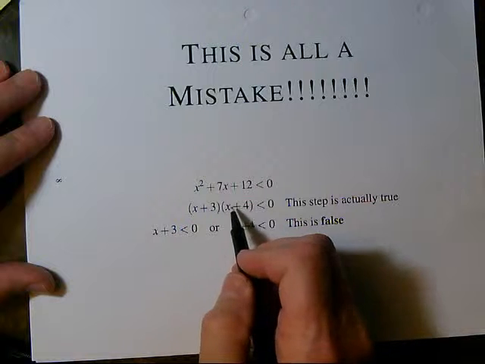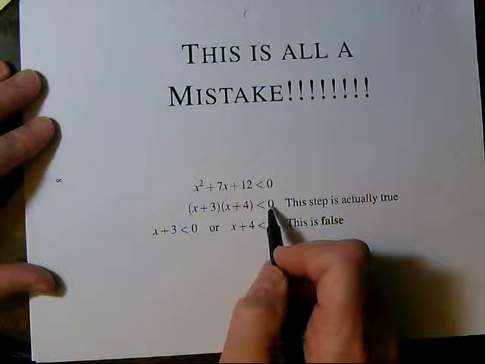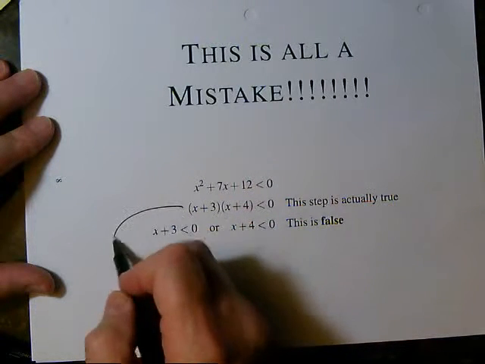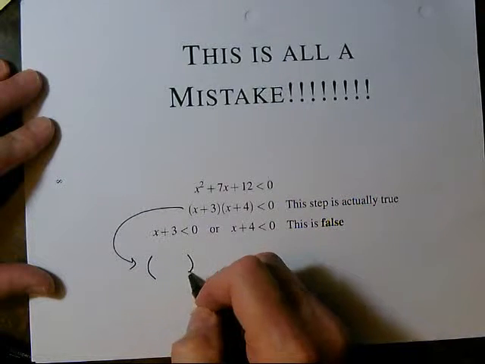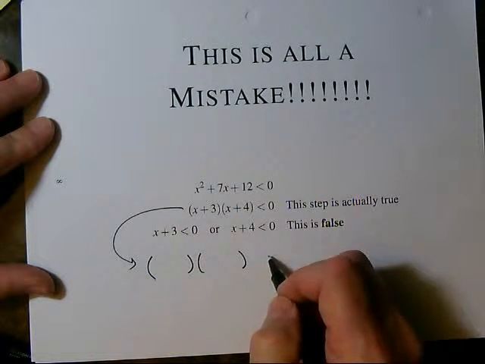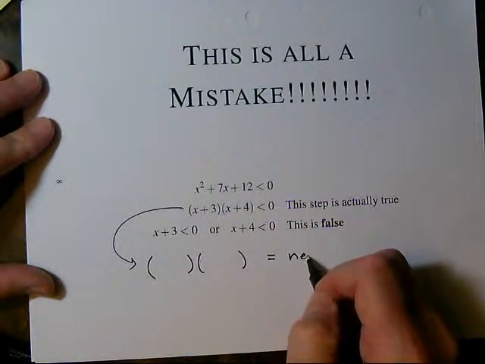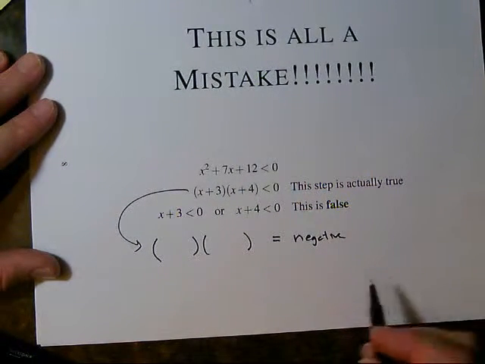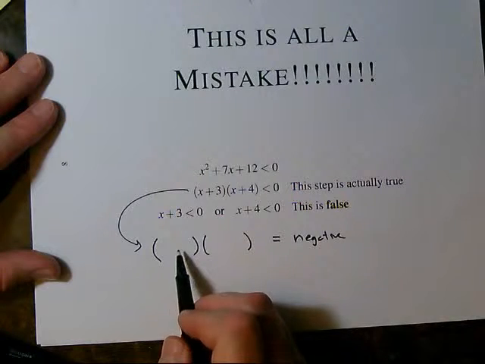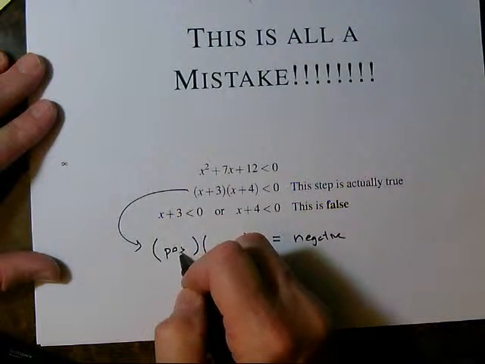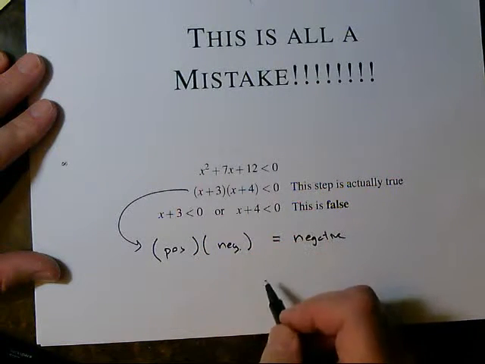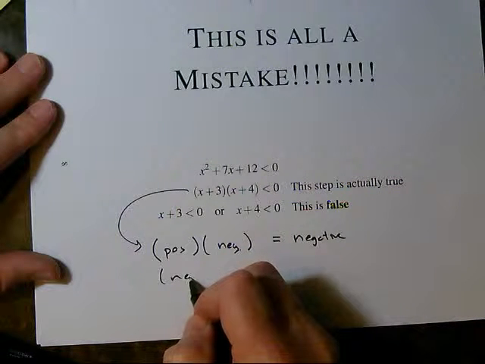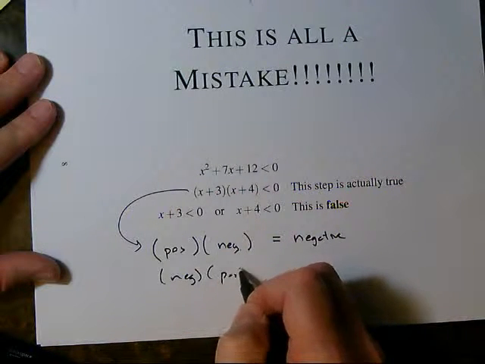You have two numbers being multiplied together to make a negative. So this is saying something times something is negative. Well, the only way that happens is if one of these is positive and the other is negative, or if the first one's negative and the other one's positive.